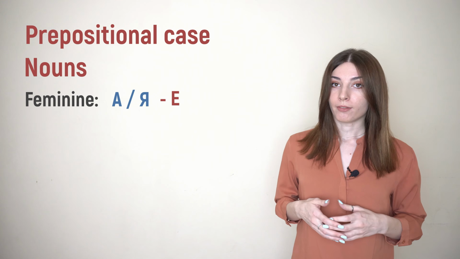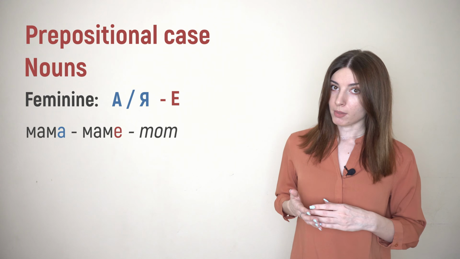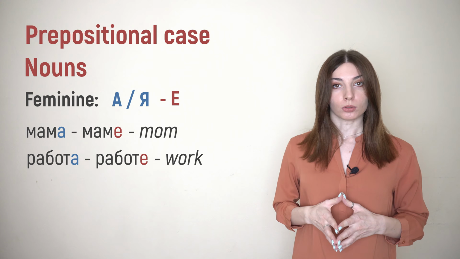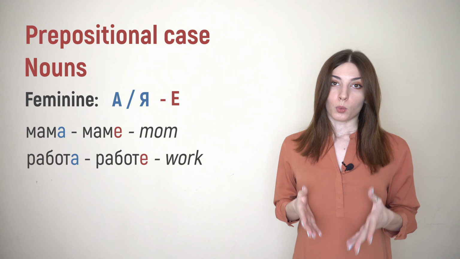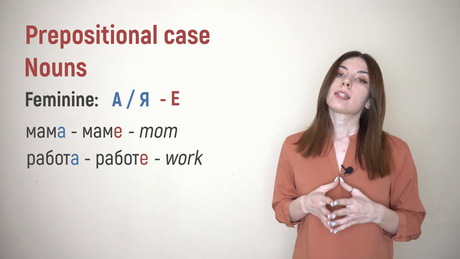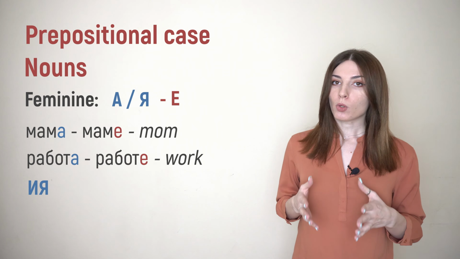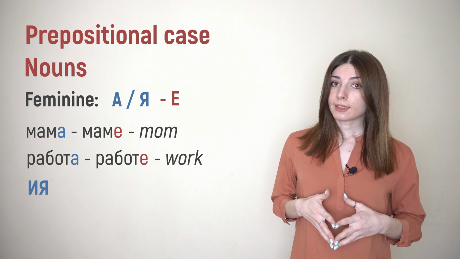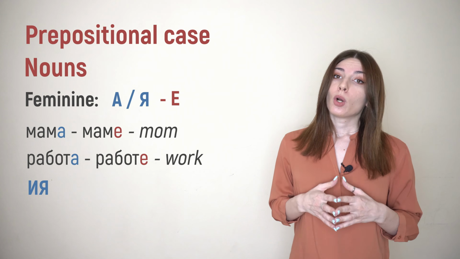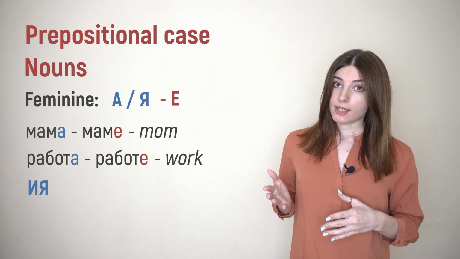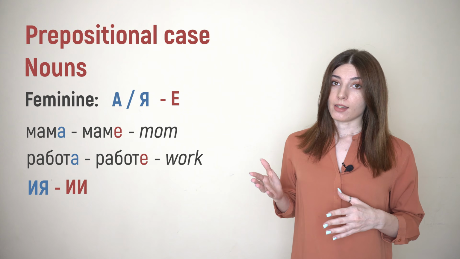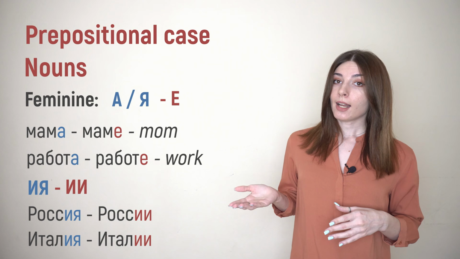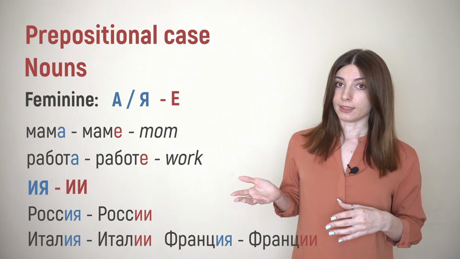Like this we will have мама – маме, работа – работе. Also, a few feminine words end in «ия». Mostly they are countries. Россия, Италия, Франция. In this case, we also replace «ия» with «ии». Россия, России, Италия, Италии, Франция, Франции.